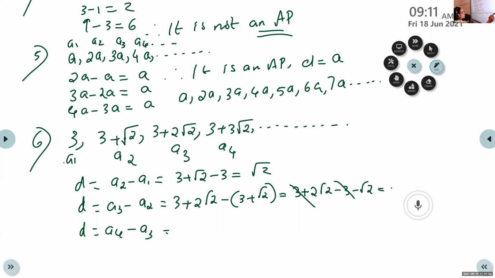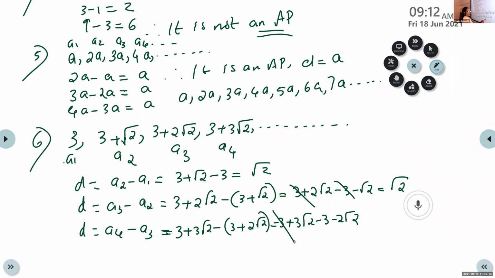Root 2 minus root 2 is again root 2. And 3 plus 3 root 2 minus 3 plus 2 root 2 is equal to 3 plus 3 root 2 minus 3 minus 2 root 2. 3 again cancels. 3 root 2 minus 2 root 2 is root 2. Hence, it is an AP.